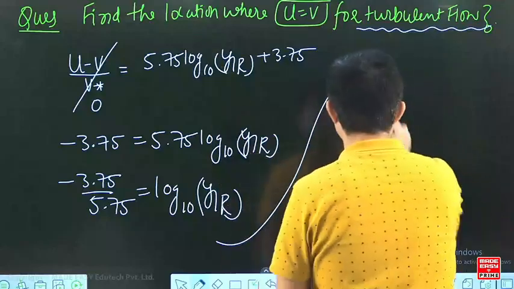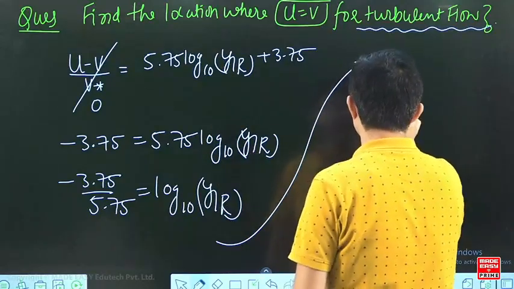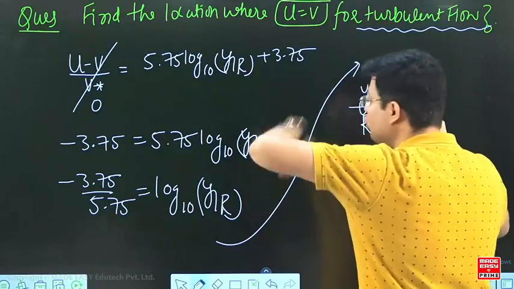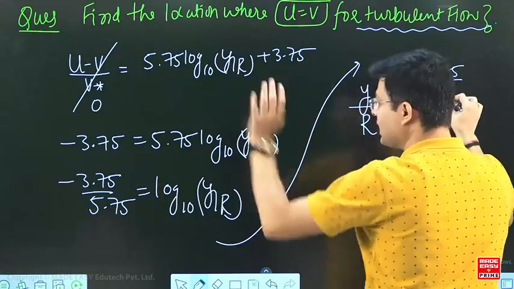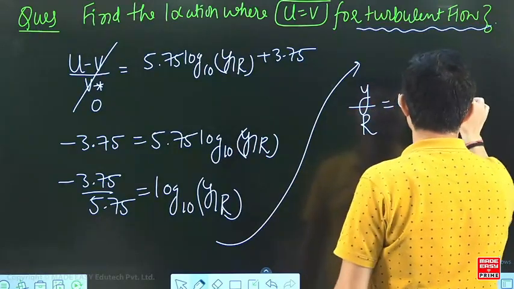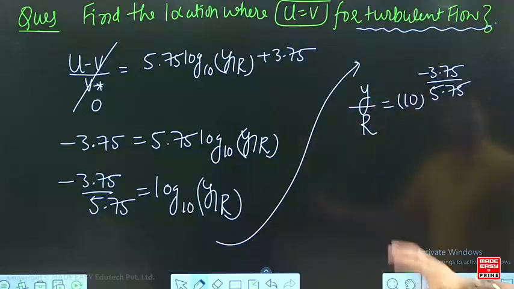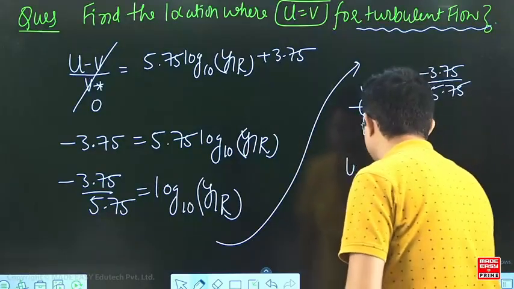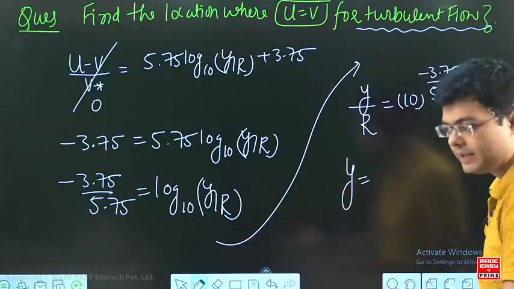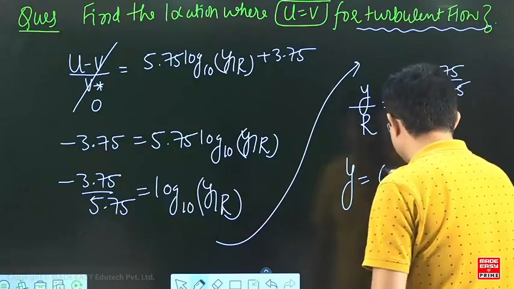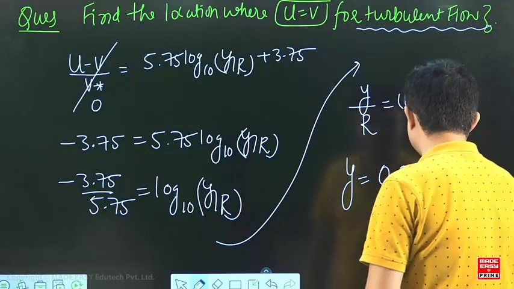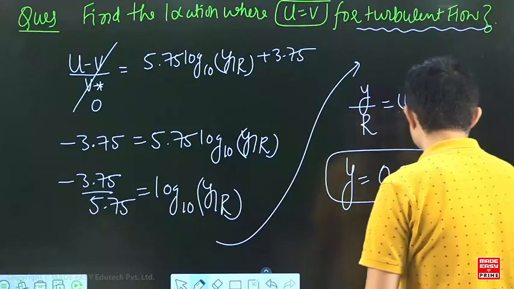So Y by R will be 10 to the power minus 3.75 divided by 5.75. So from here, when you calculate the value of Y, it will come out to be 0.223 of R.